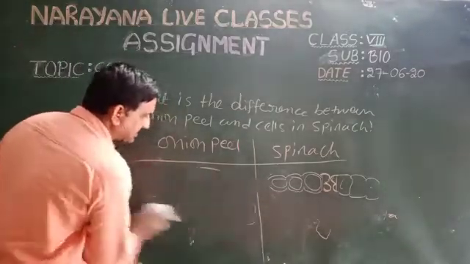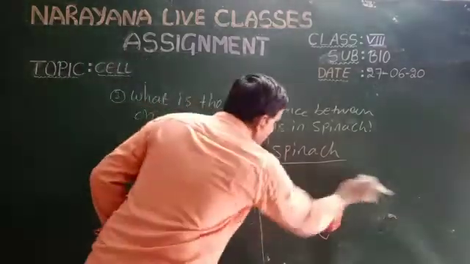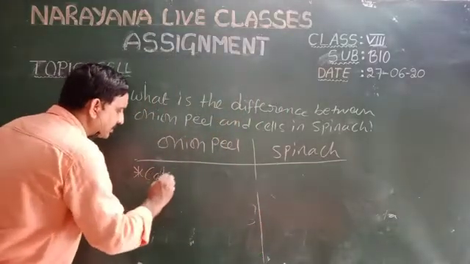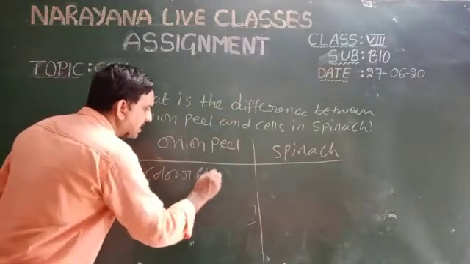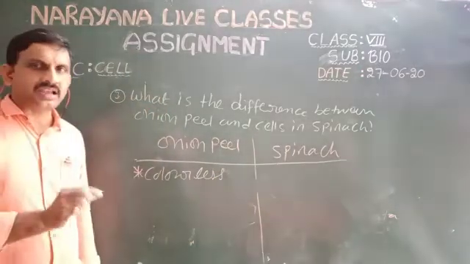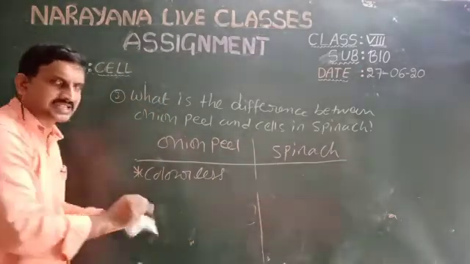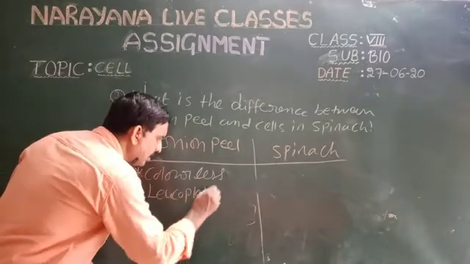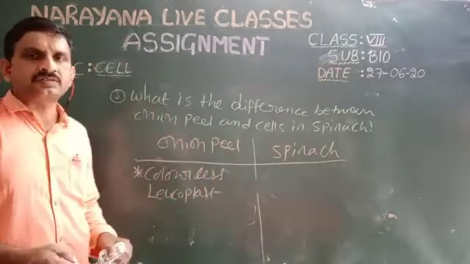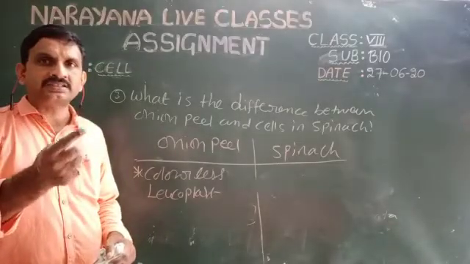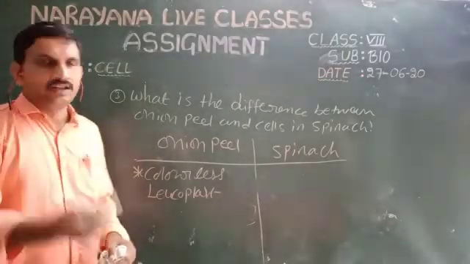Here is another important difference. When we observe onion peel cells under the microscope, they are colorless. Colorless cells we are observing. Why? Because onion peel cells contain leucoplasts. Understood? The plastids are of three types: leucoplasts, chromoplasts, and chloroplasts.